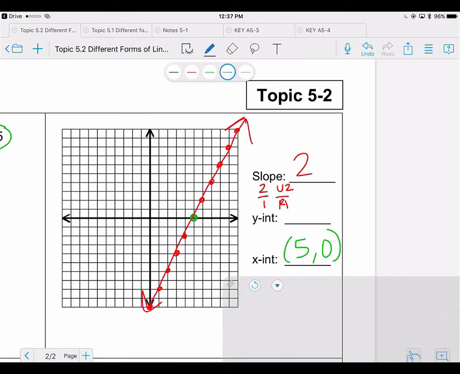And after I do that, I can see that my y-intercept is down at 0, negative 10. So we don't have to convert. From here, we could see our equation would be y equals slope times x minus your y, or plus your negative y-intercept. So we could start with that, or you could solve for y over here.